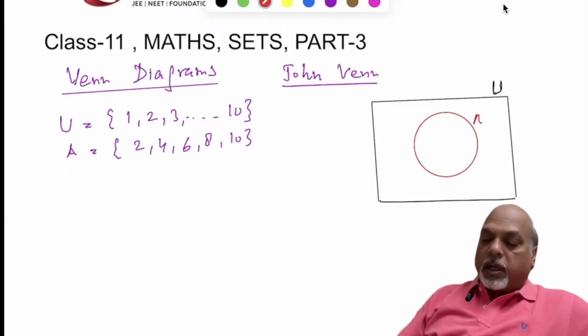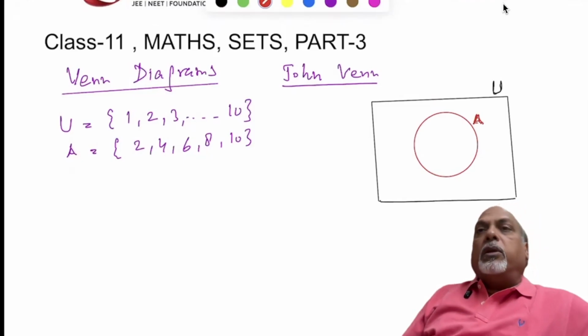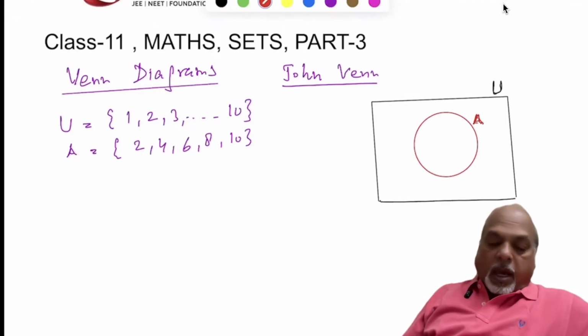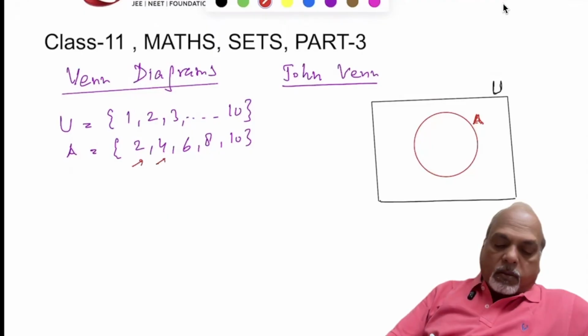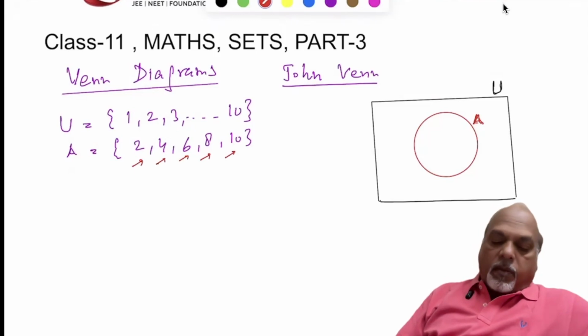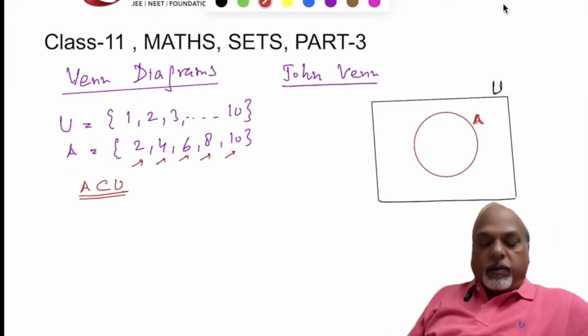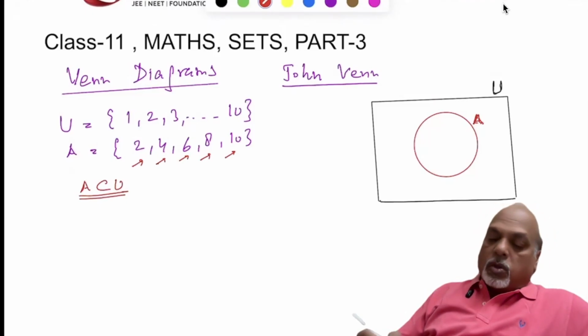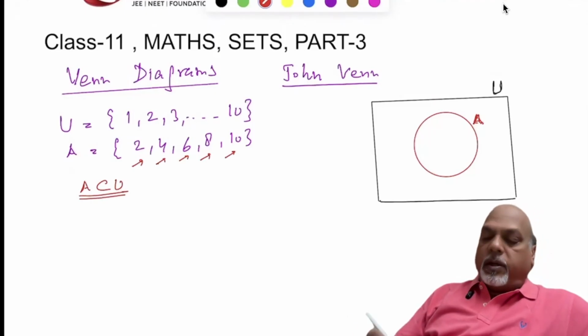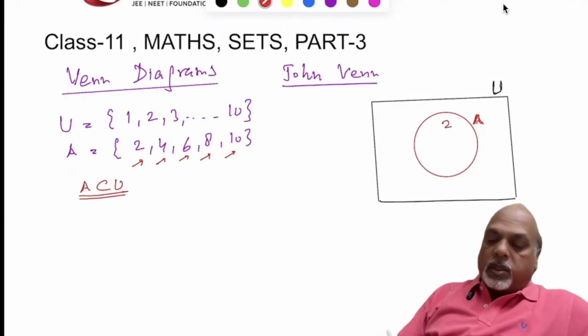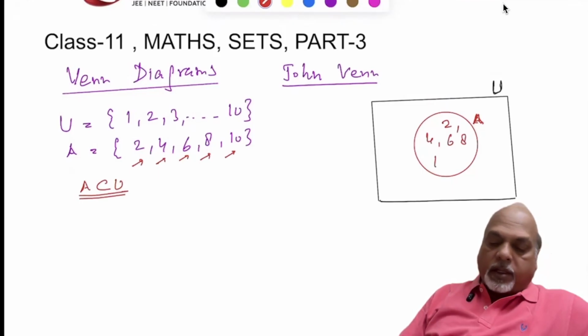This is your set A. As all the elements belong to U, A is a subset of U. So we can write it here: 2 is there, 4 is there, then 6, 8, and 10.